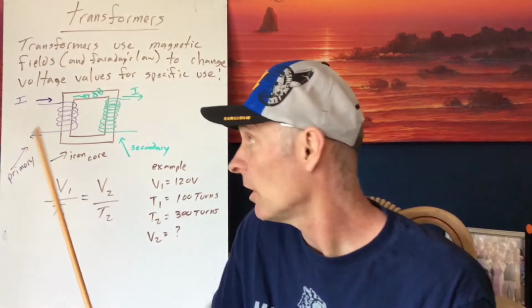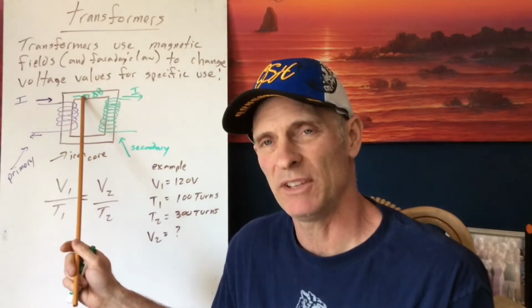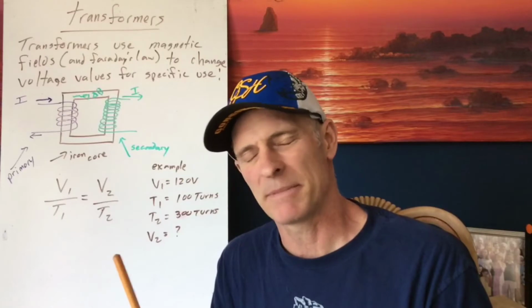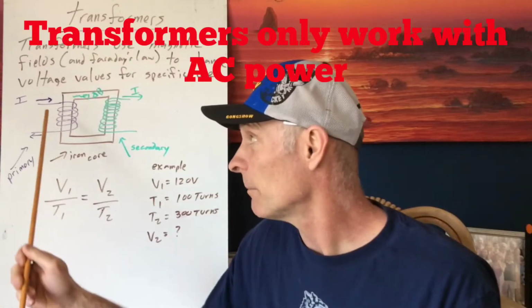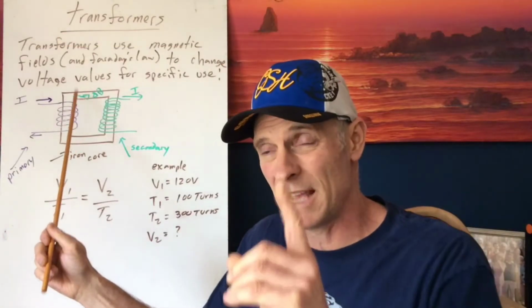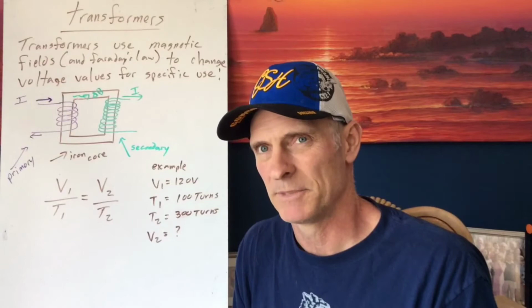Okay, so this changing magnetic field will produce current in the second coil because that's Faraday's law. The magnetic strength is changing in the second coil. Now, if this were hooked up to a DC supply, the same thing would not happen. If you hooked up these two lines to a battery, that battery would only produce a pulse in this magnetic field one time when it's being connected.